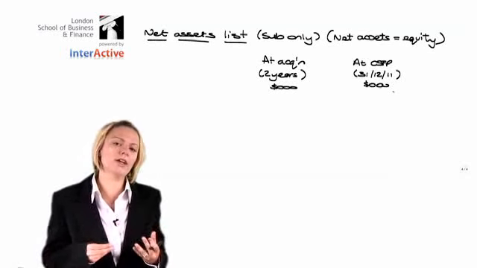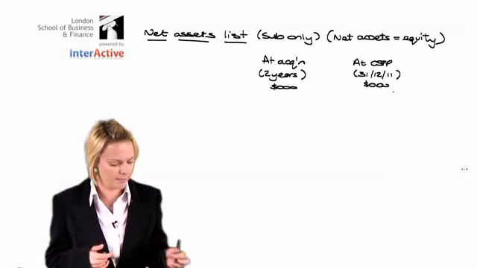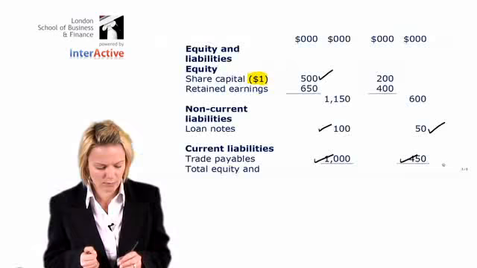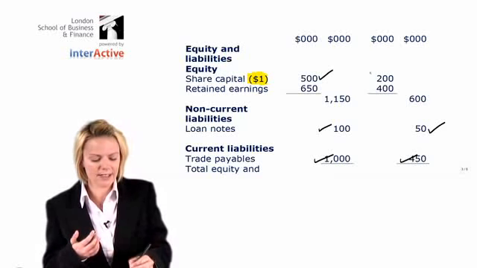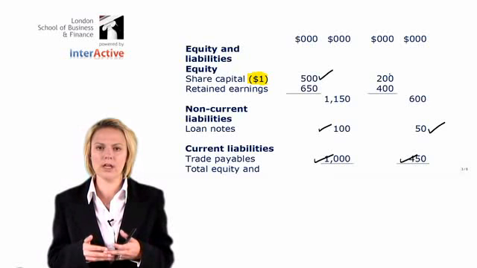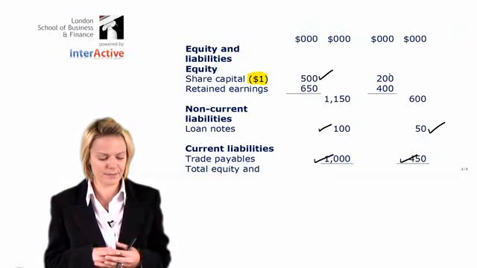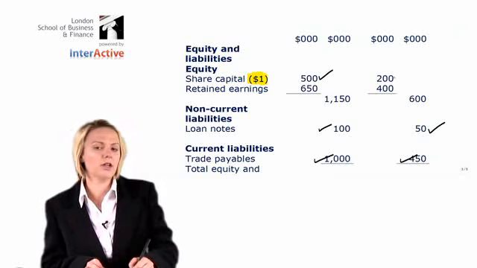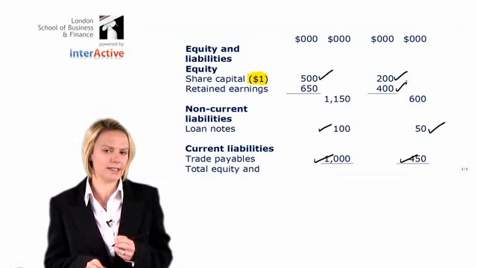And we have a look at the equity, the net assets of the subsidiary. We can see that under the equity section, we haven't ticked off any of the subsidiary's equity accounts yet. Well, that's because we're going to use them in this working, the net assets list. We're going to take 200 share capital and 400 retained earnings.